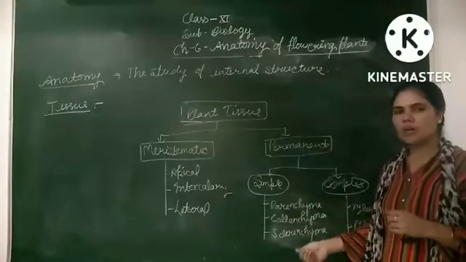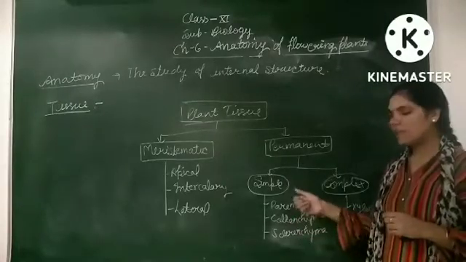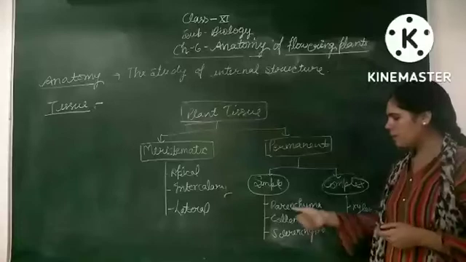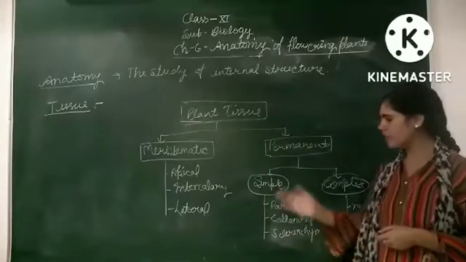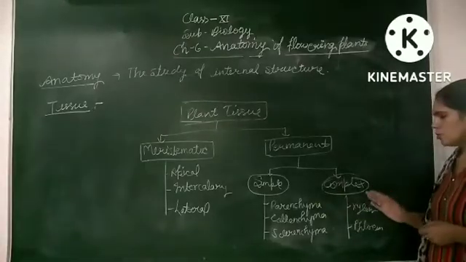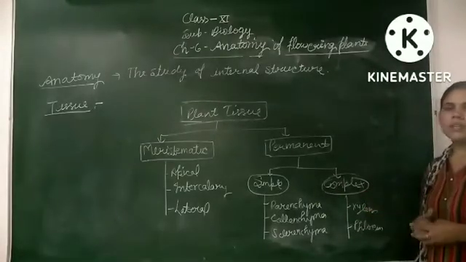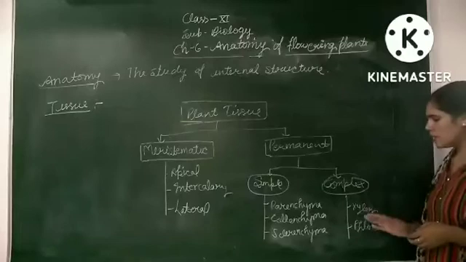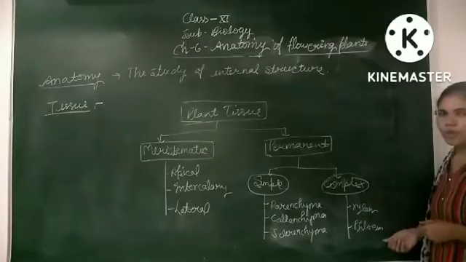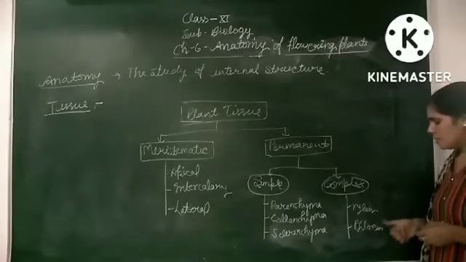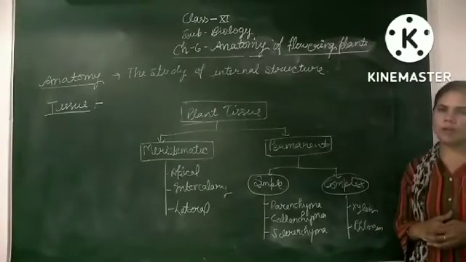On the basis of their location, function and structure, they are of three types: parenchyma, collenchyma and sclerenchyma. Next is complex permanent tissue. They are made up of more than one kind of cells, which is why they are called complex tissue. There are two types, xylem and phloem. Xylem and phloem combine to make the vascular bundle of the plant.